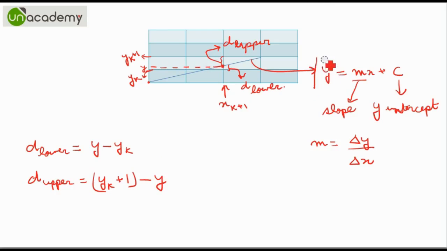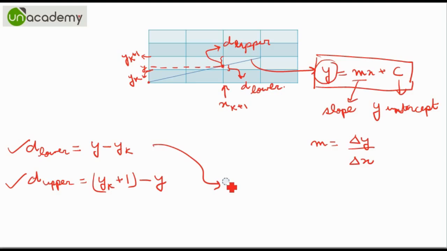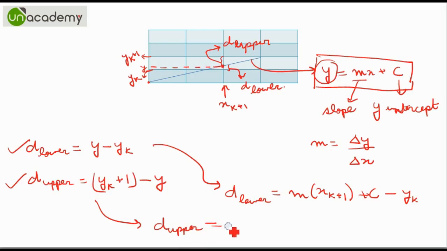Now if we replace this value of y into these equations, d lower and d upper, then we get d lower is equal to m times xk plus 1 plus c minus yk, and for this equation, we have d upper equals yk plus 1 minus m times xk plus 1 minus c.